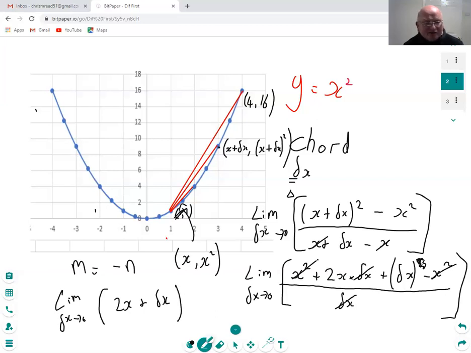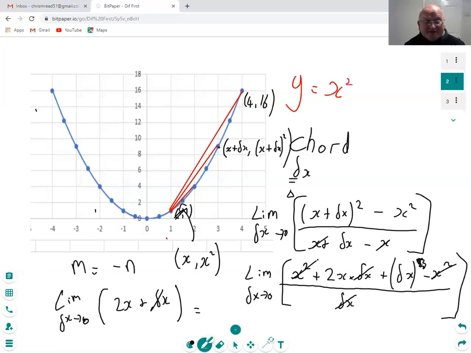We can make that closer and closer to 0, until in fact we can forget about it altogether because it's 0 when it actually gets to that point. So it's a bit of a trick, really. We know that with delta x on the bottom, we run into problems. But once we divide the delta x between the top and the bottom, we can get rid of it, and we end up with this.